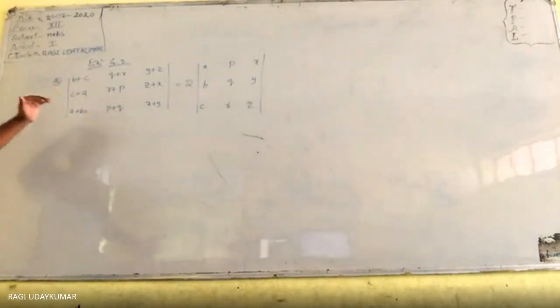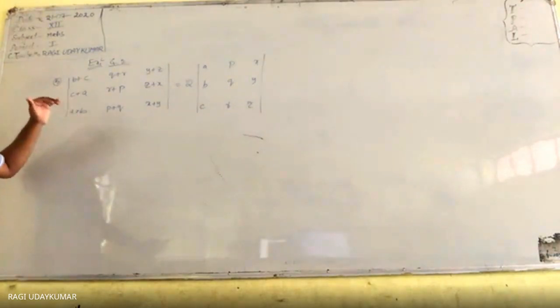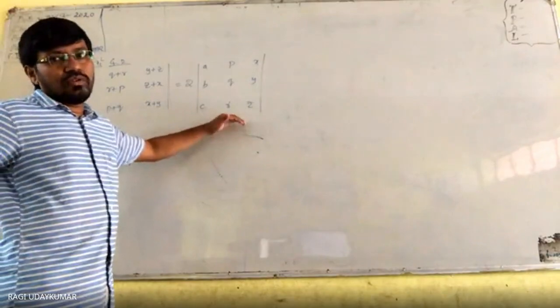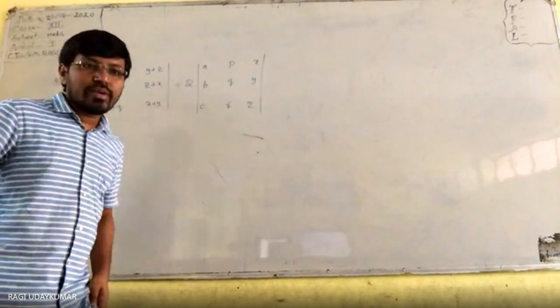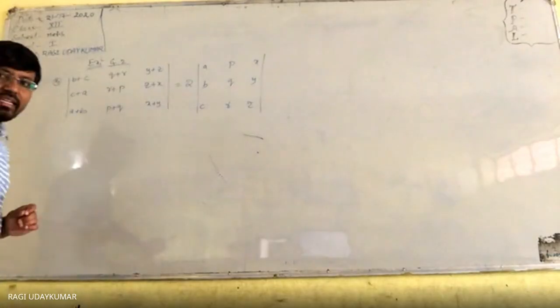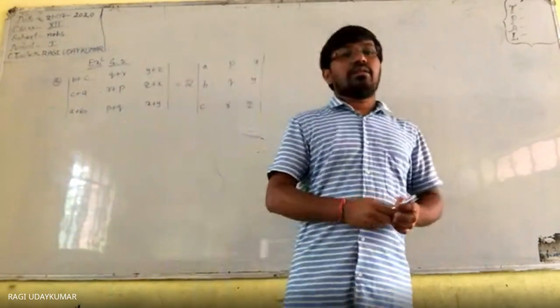Now what to do here? We need to take this matrix and, by applying all the properties, extract the result. Whenever you have the sum of matrices, most students get a doubt, and I told you this at the time of explaining the properties.